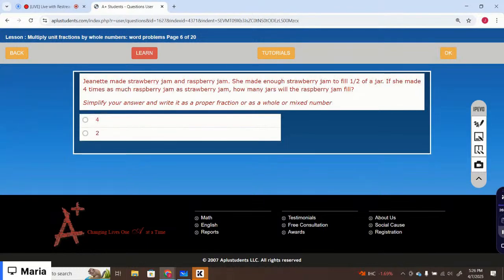Janet made strawberry jam and raspberry jam. She made enough strawberry jam to fill half of a jar. If she made 4 times as much raspberry jam as strawberry jam, how many jars will the raspberry jam fill?